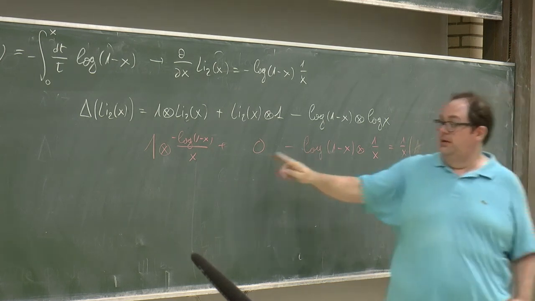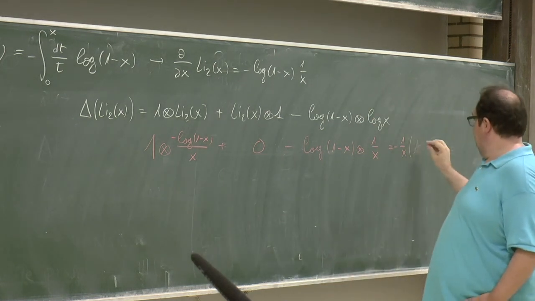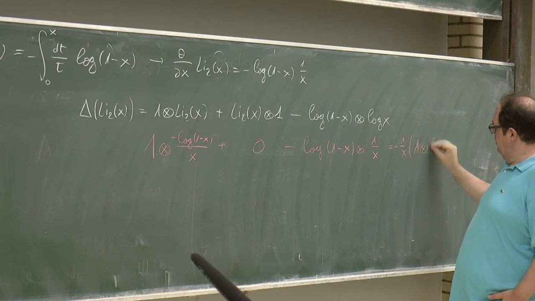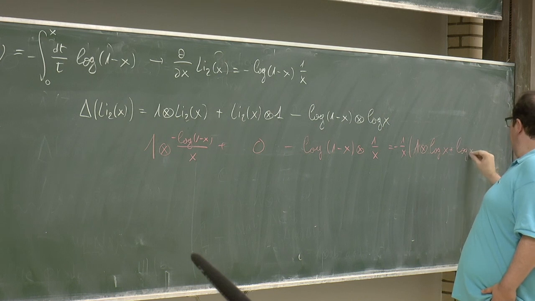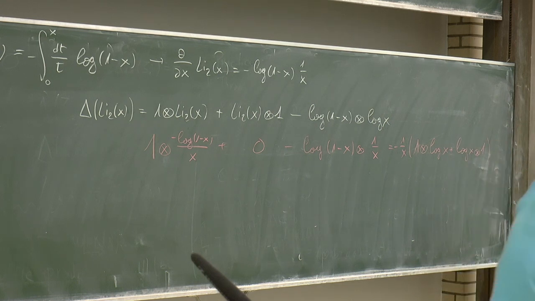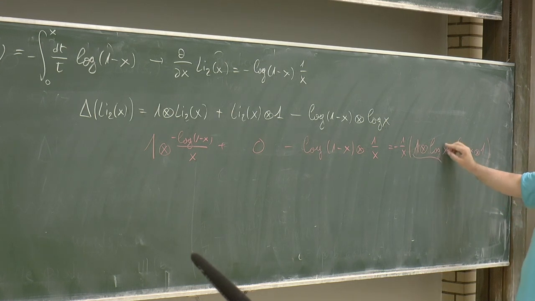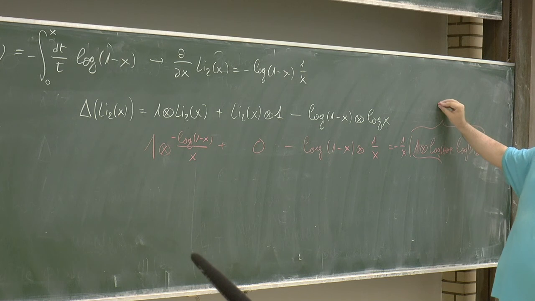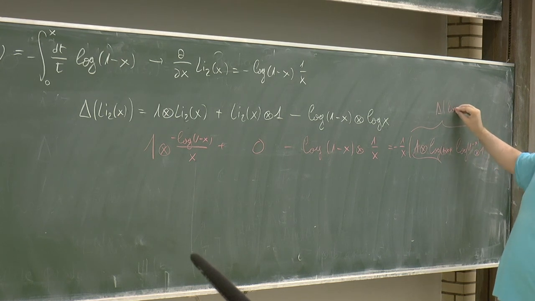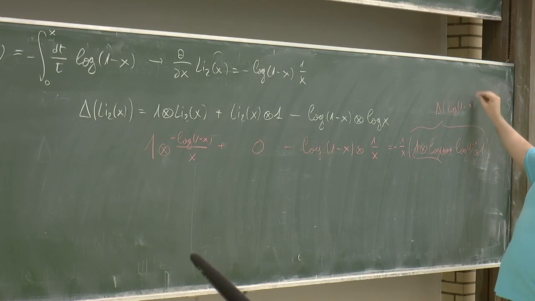And also the minus sign I can pull out. Oh sorry, I did the other one, so 1 minus x. And that is indeed delta of log of 1 minus x.